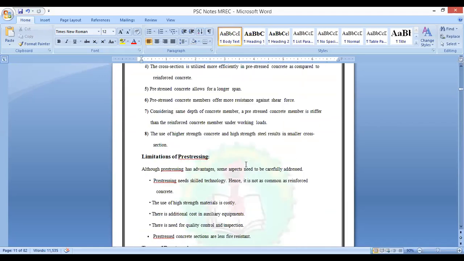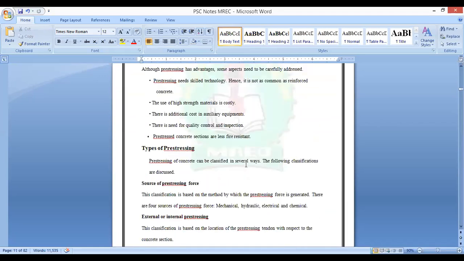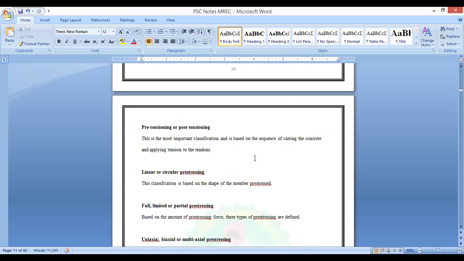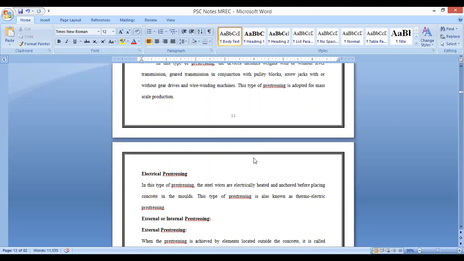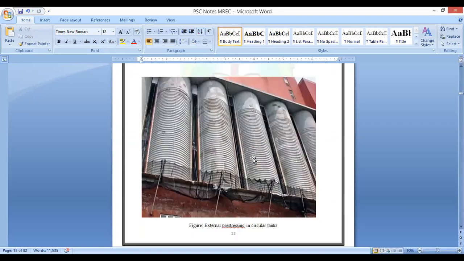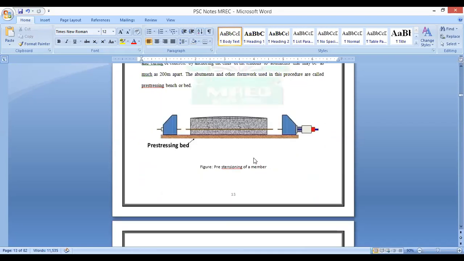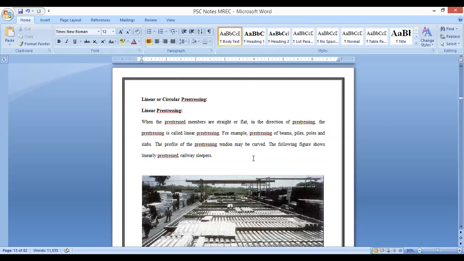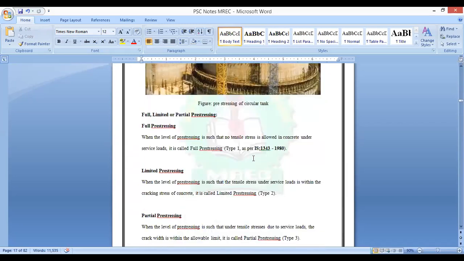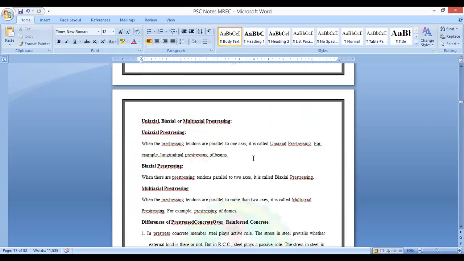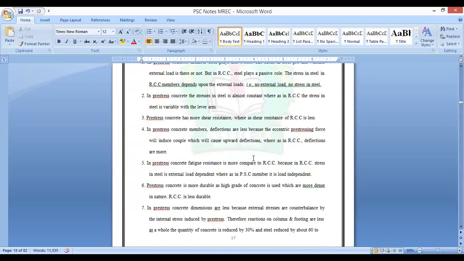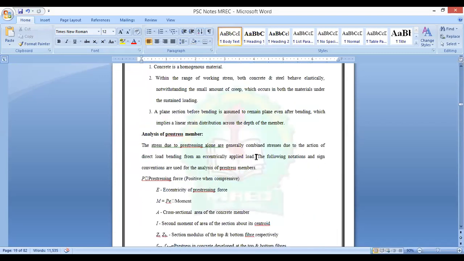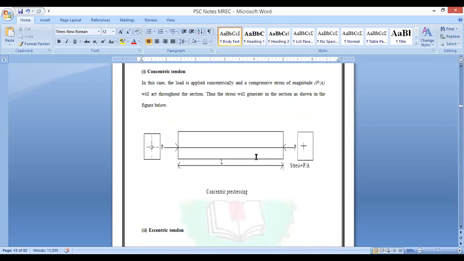And what are the limitations of pre-stressing, and what are the different types of pre-stressing. Everything was covered in the notes. You can go through this for the exam. Next, coming to the second part, let me scroll down, because you can go through the notes in your free time.